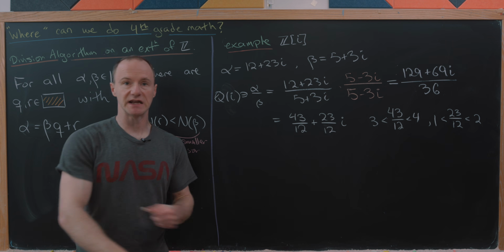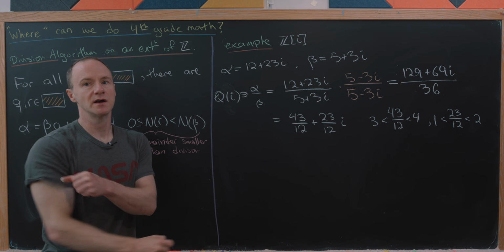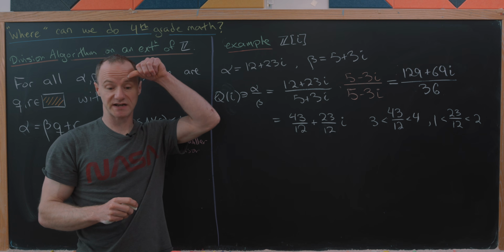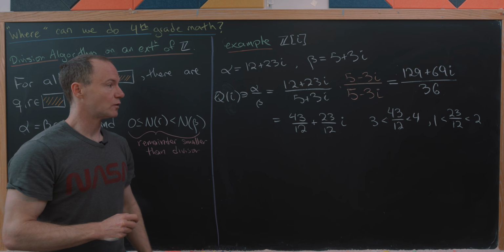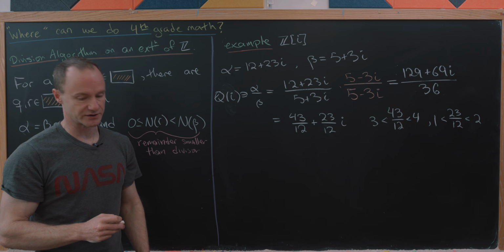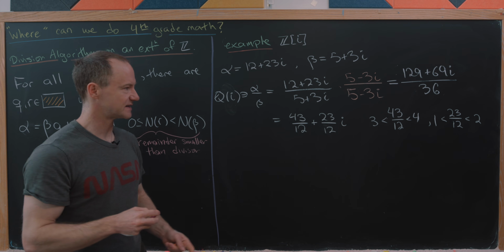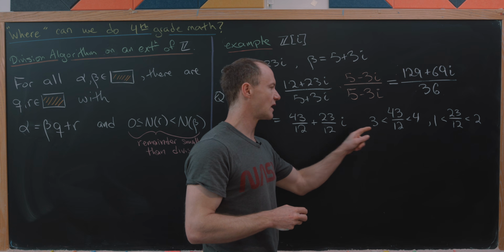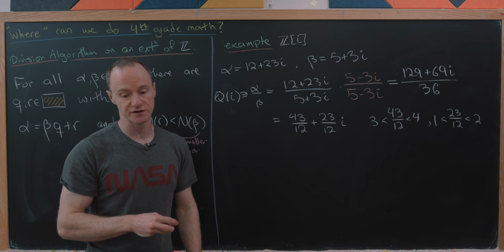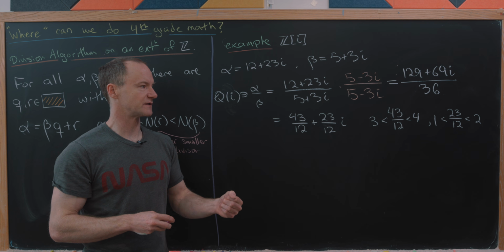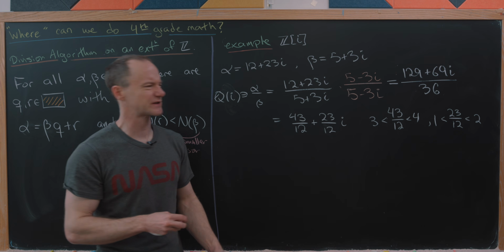And looking at those inequalities will be how we come up with the correct quotient. And then from the quotient, we can construct the remainder. And so let's see, we'll just eyeball this and see, is 43 over 12 closer to 3 or closer to 4? Well, let's observe that 48 over 12 is 4, but 36 over 12 is 3.